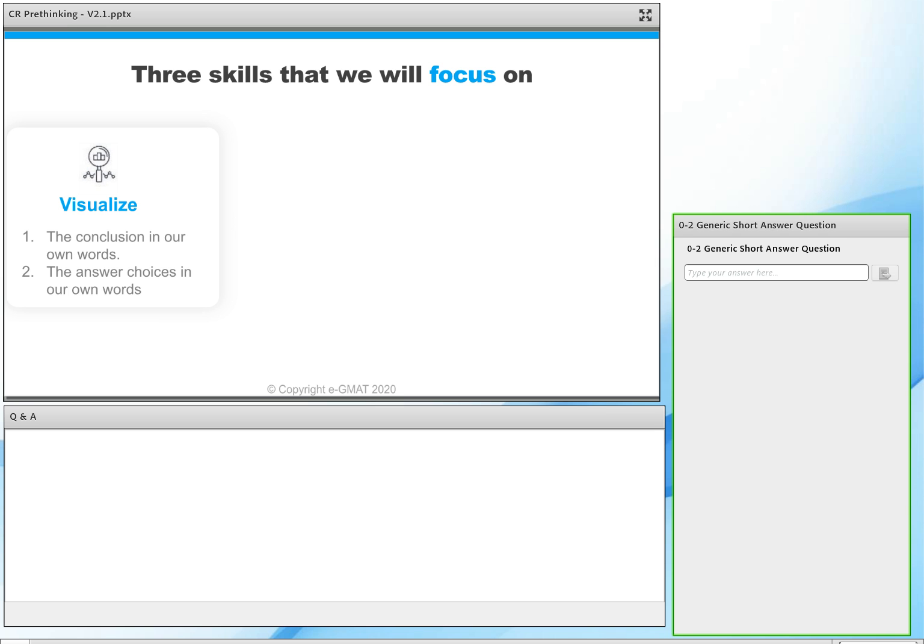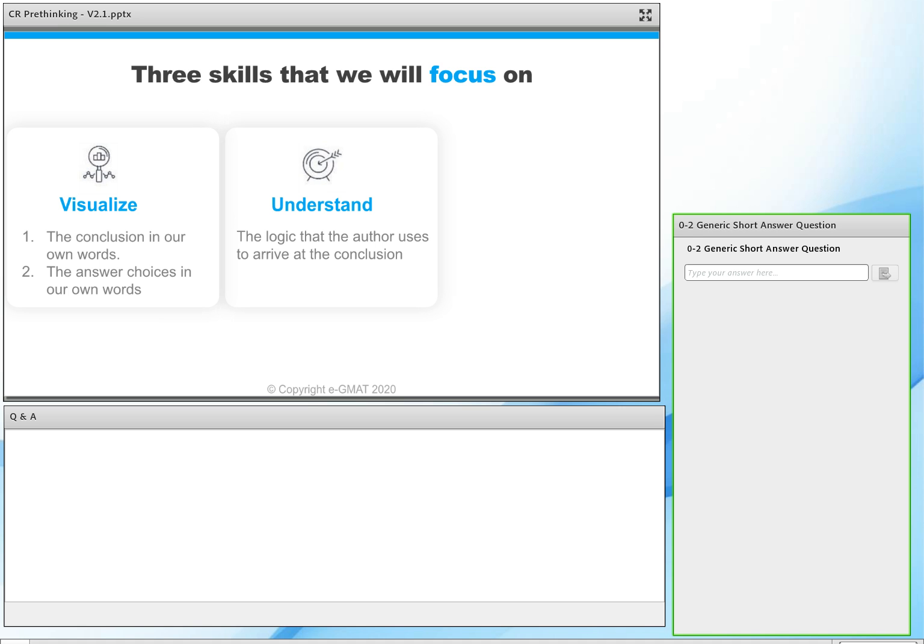In some cases, you may have to take on numbers to really translate that conclusion into actual scenarios. In other cases, you have to imagine it in more logical ways. But the notion of visualization needs to happen if you want to pre-think. Without visualization, there is no way you can pre-think.